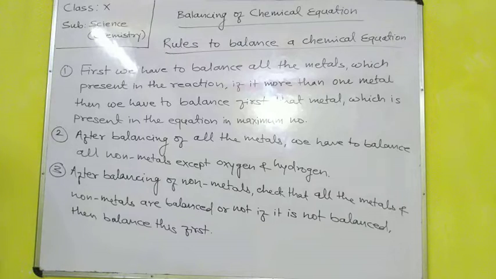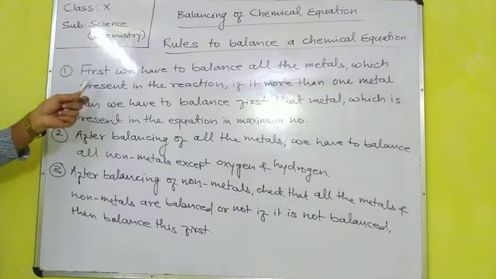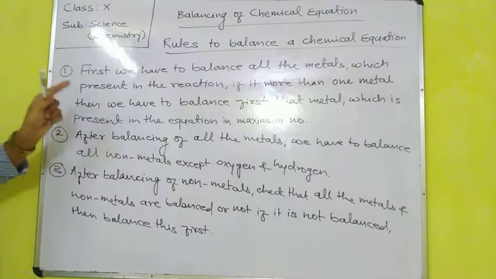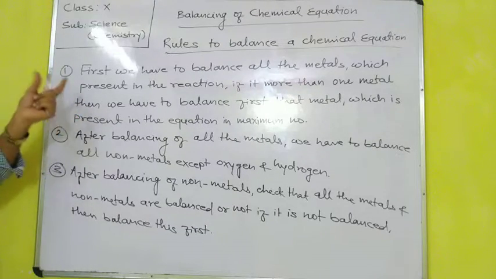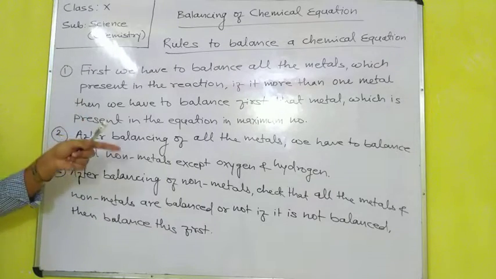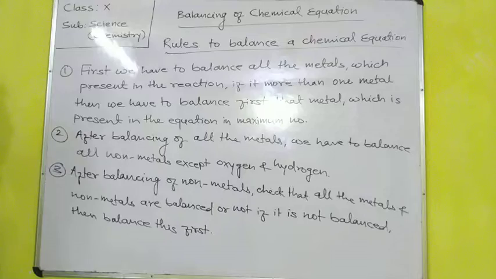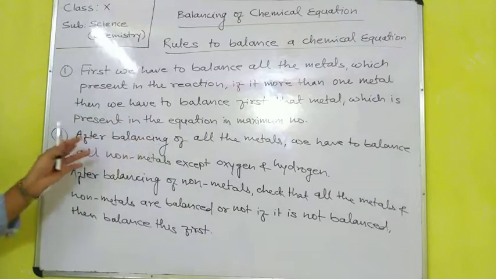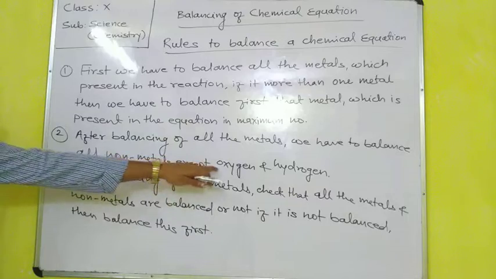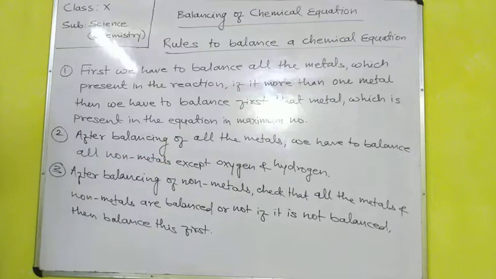I think the first step you have already written: first we start balancing the metals, and if more than two metals are present in an equation, we start with the metal that has the maximum number of atoms. After that we proceed to the second metal. After balancing all the metals, in the next step we balance the non-metals, except oxygen and hydrogen.